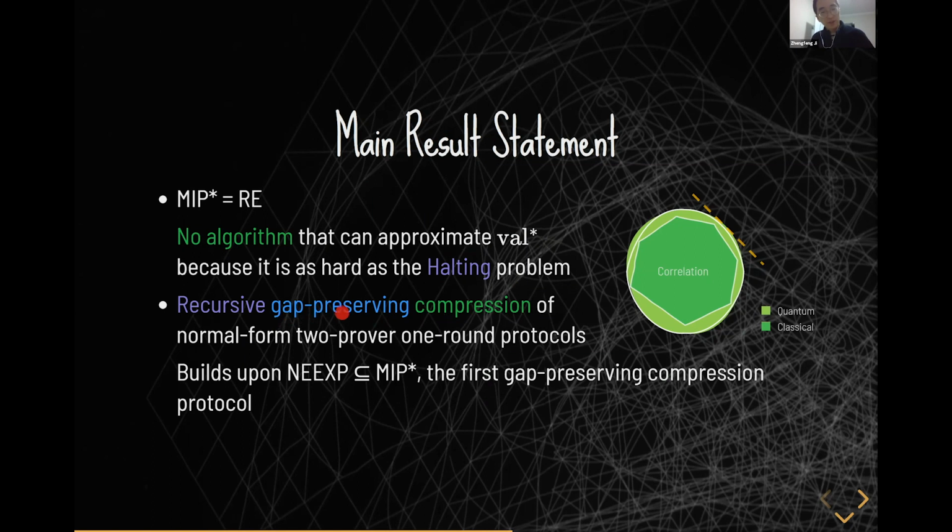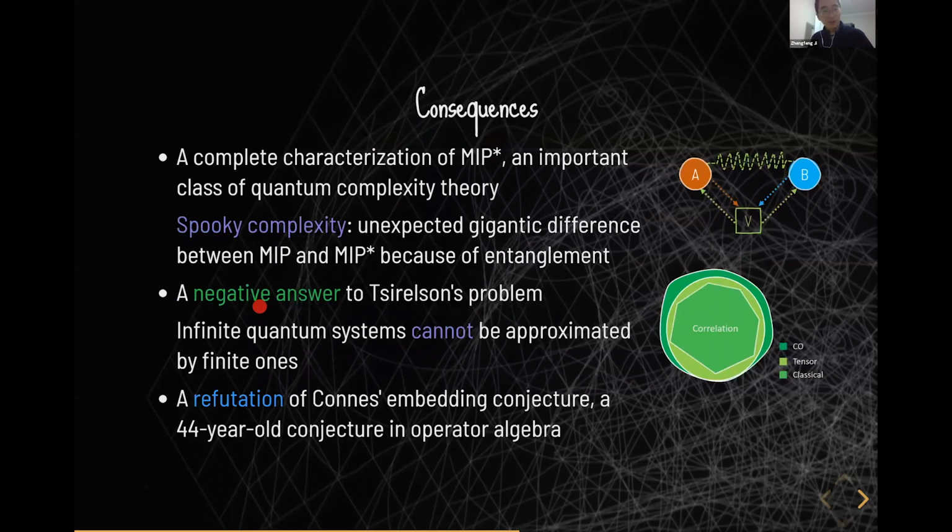The technique that we use to prove this statement is recursive gap-preserving compression. Gap-preserving compression was already achieved in this work. What we need to do is make the argument recursive. The consequences of the result: first, a complexity theory result, we give a complete characterization of MIP star.